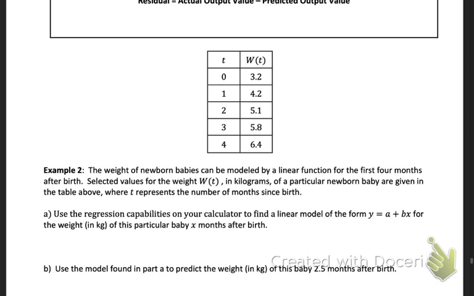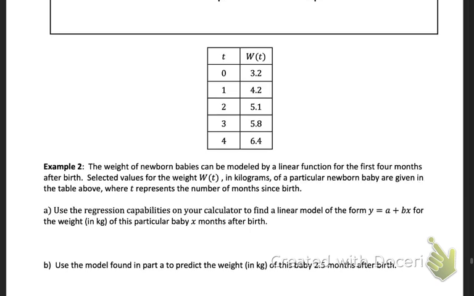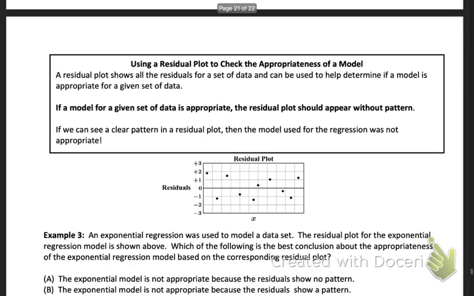At t equals 0, my residual was blank. At t equals 1, my residual was blank. Then you're going to get a scatter plot of graphs kind of like this.